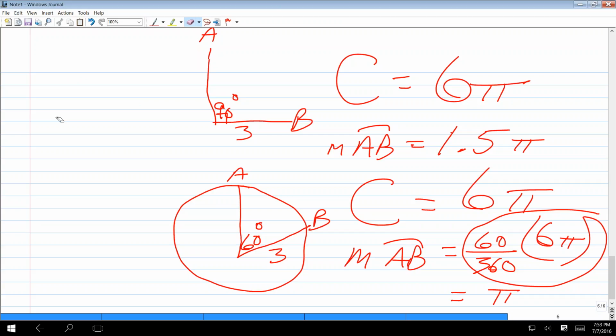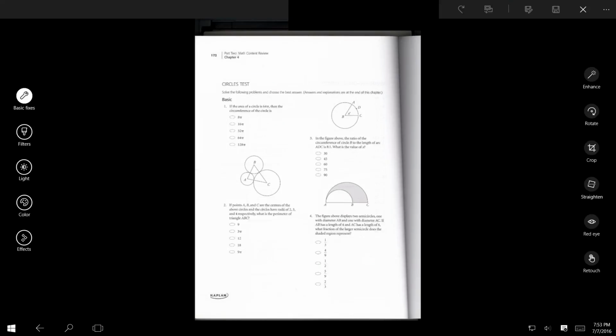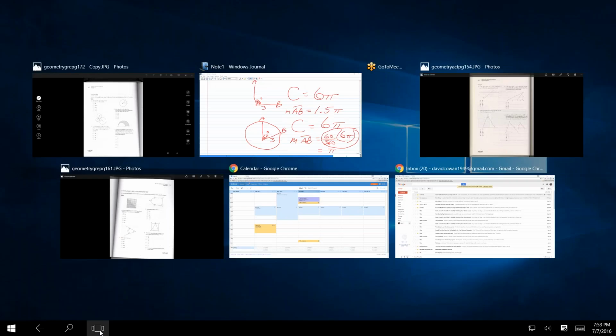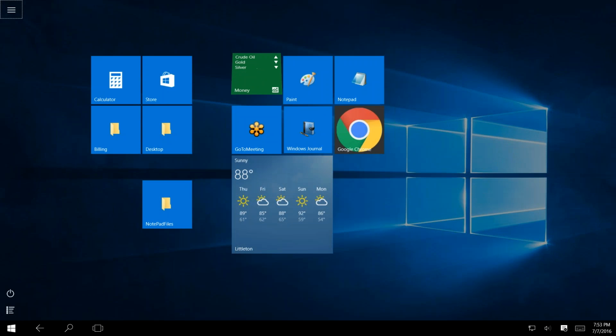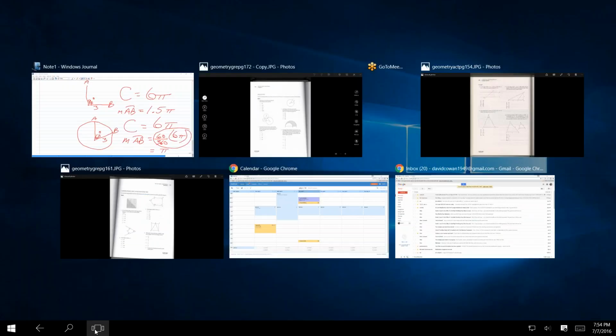All right, let's look at this problem here that's going to have to do with this. Hold on a moment. What happened to my drawing tablet? I apologize. I'm still getting a little bit used to Windows 10.